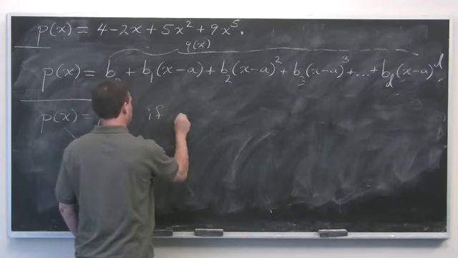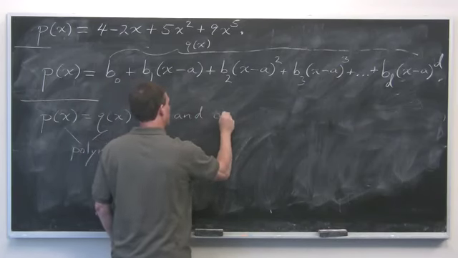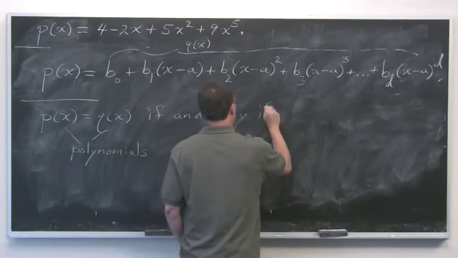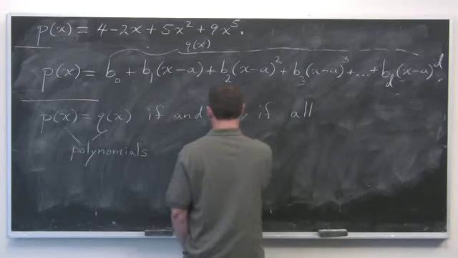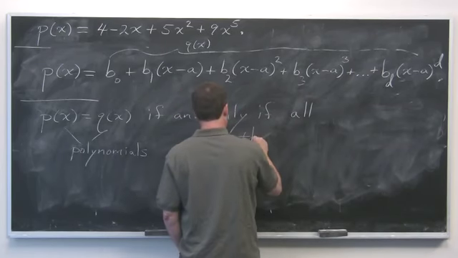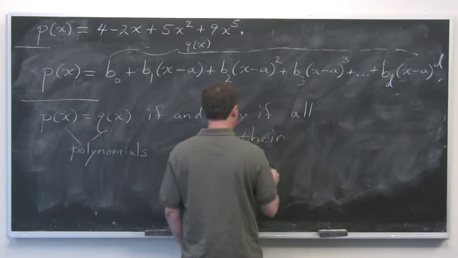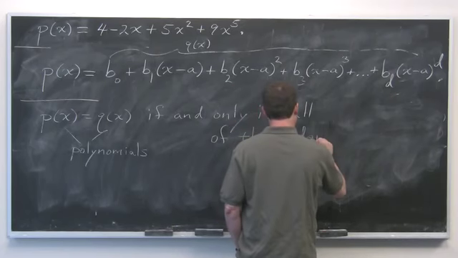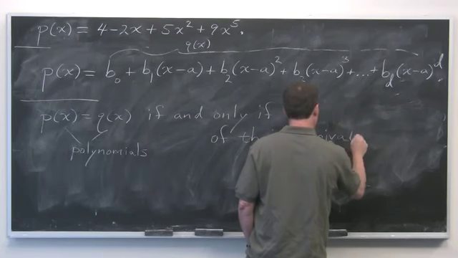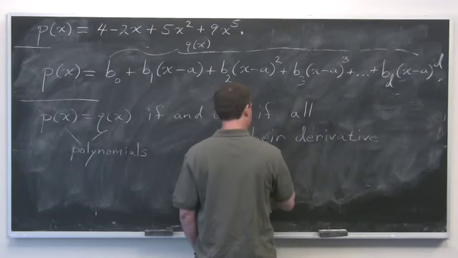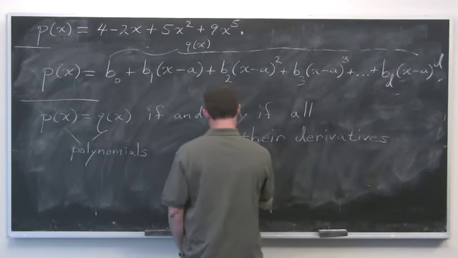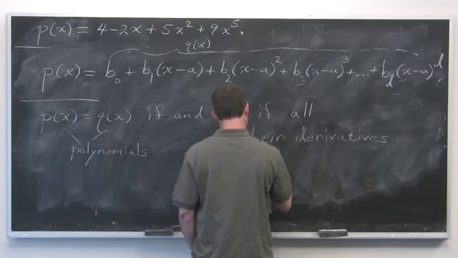If and only if all of their derivatives, right? Polynomials are differentiable any number of times. So all of their derivatives are the same, at any x value you want, at any fixed x value.